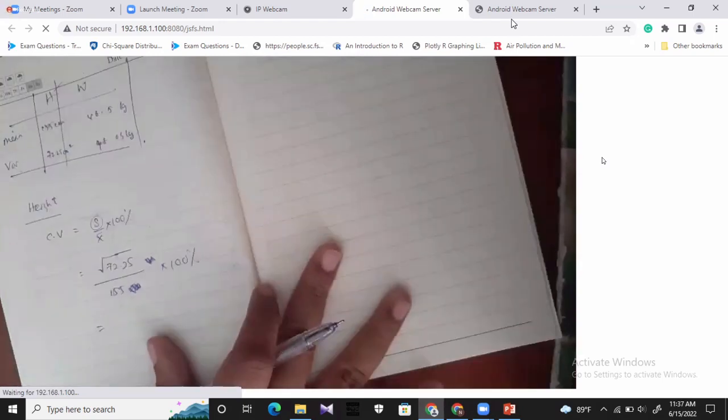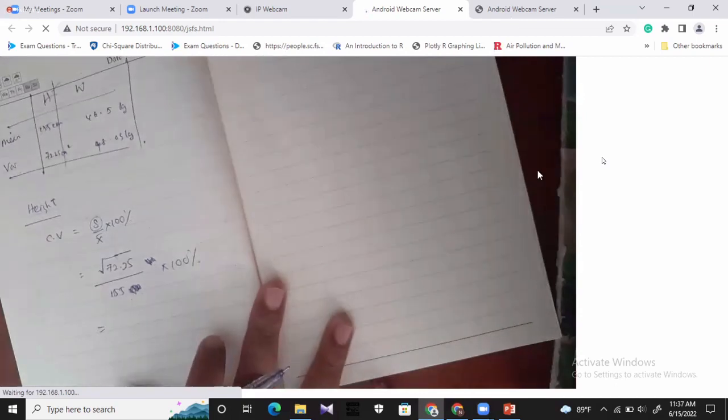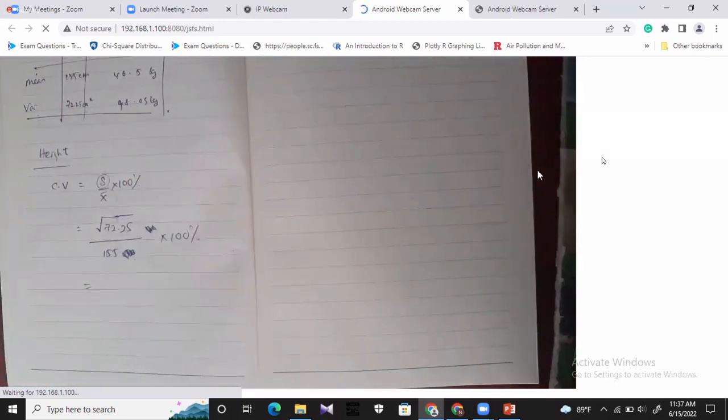Otherwise, you can use your mobile phone as a scientific calculator. In my examinations, I will provide calculators for you. Okay, did you get the answer? I'm not going to find it because now I don't have a calculator. I have one, but I didn't bring it here. Okay.